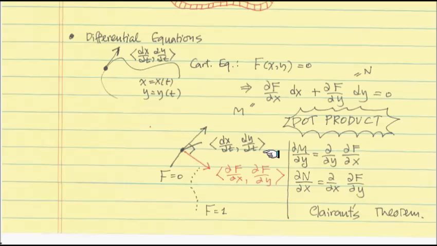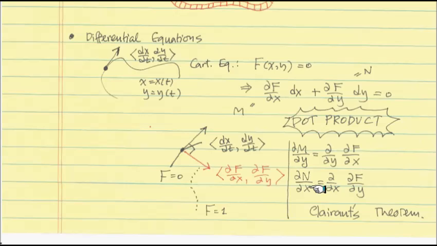But if you compare this statement here with our statement, it's kind of a converse. We started with a Cartesian equation. If you differentiate it, it satisfies the condition in the exactness theorem. But the exactness theorem says we don't know if there's a function that gives you the differential equation, but we only know these two things are equal to each other.